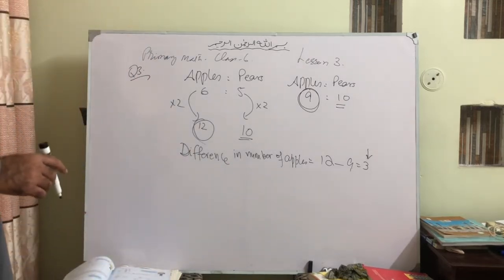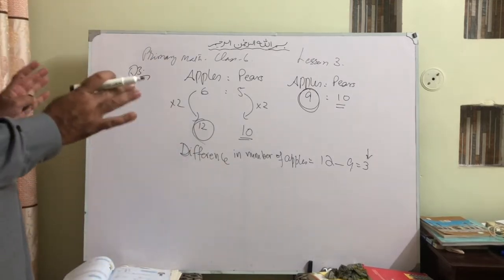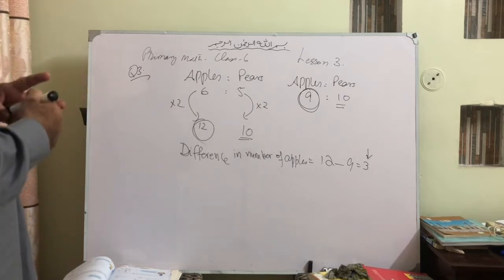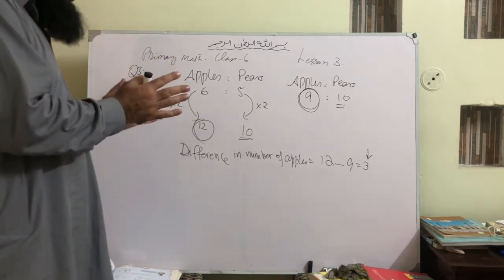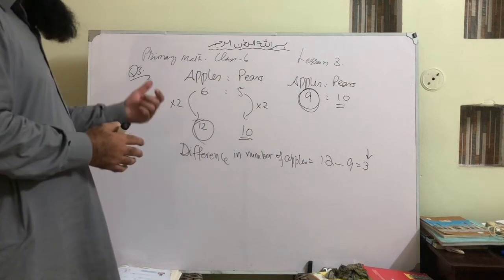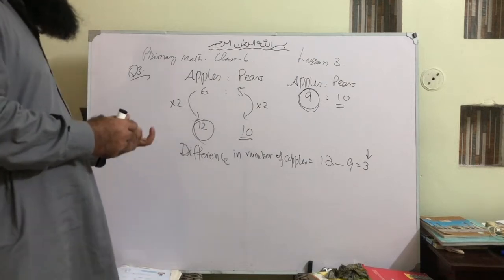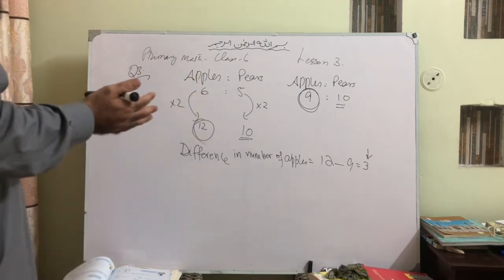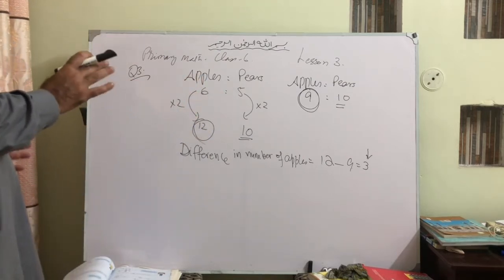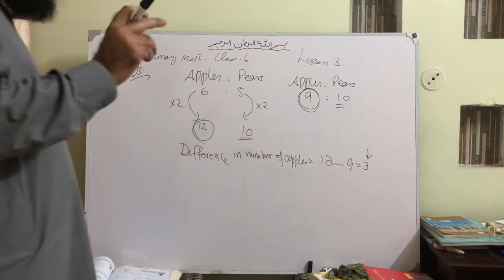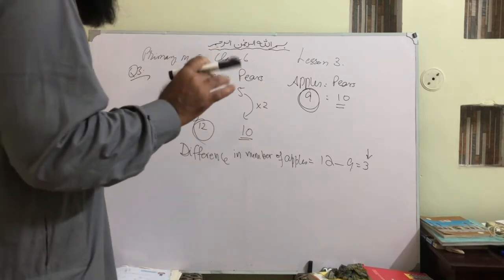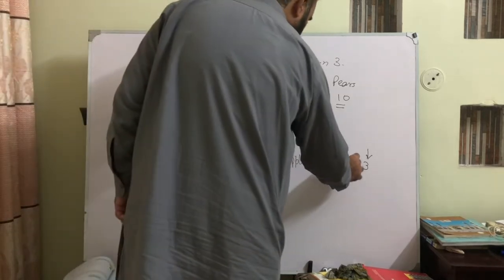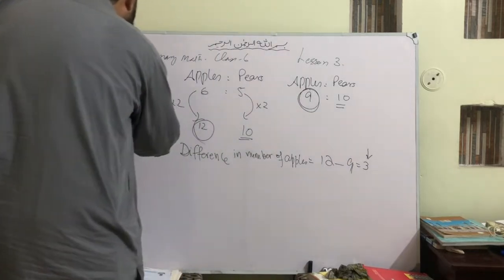Okay, so difference means that before selling 30 apples, their number was different, and after selling 30 apples, their number was different. So it means the difference was due to 30 apples. Okay, so apples sold were 30.